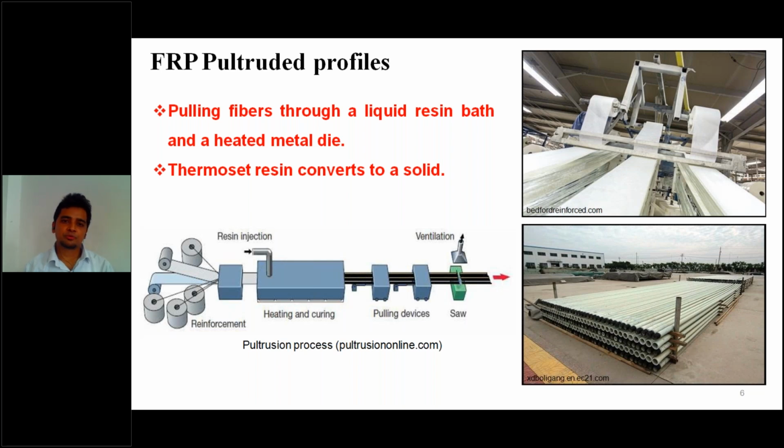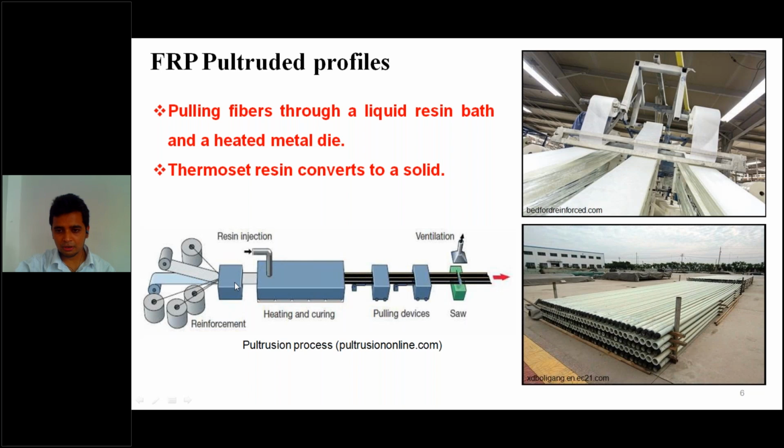So FRP pultruded profiles are nothing but fiber reinforced polymer only, but here the manufacturing process is like pulling the fibers through a liquid resin bath, and after that they are cured in a heated metal die, and we can get into the required shapes and sizes. So this is the pultrusion process.